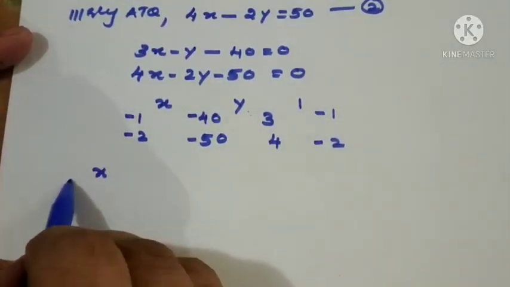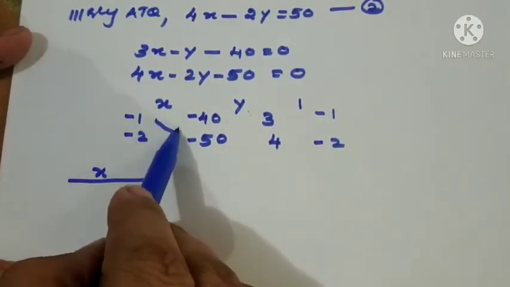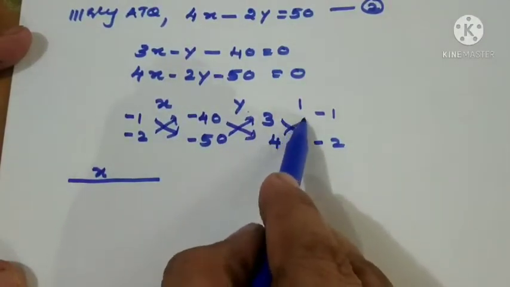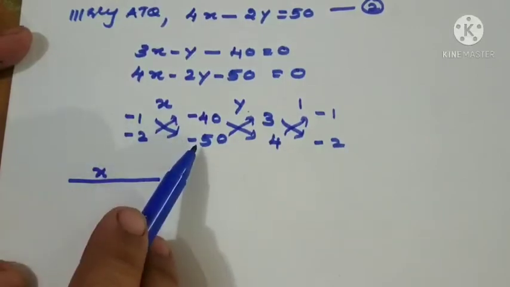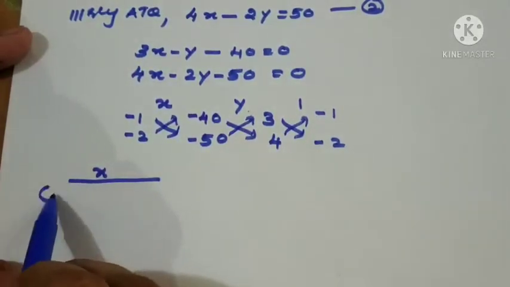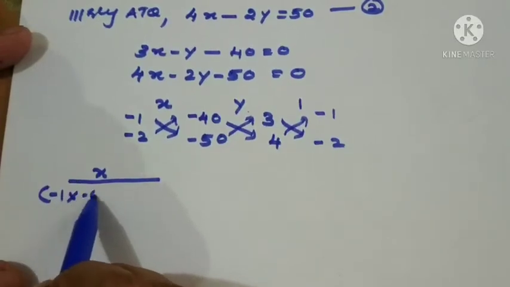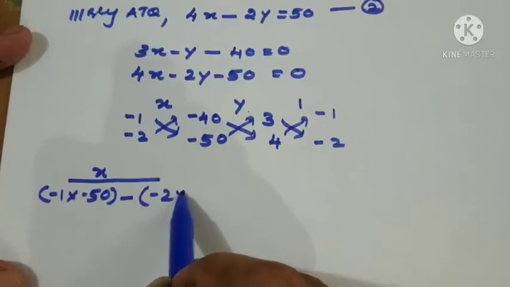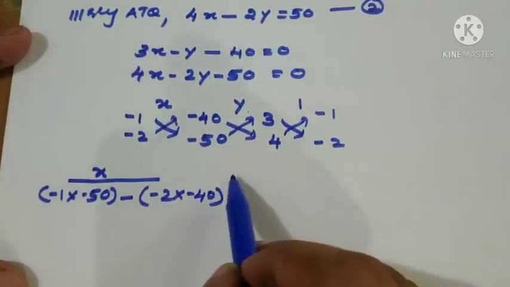So x divided by, I'll put the cross multiplication sign now. See, minus 1 into minus 50. I can do directly now, but still some children have not learned. Later we can go for the direct method. Minus 2 into minus 40.